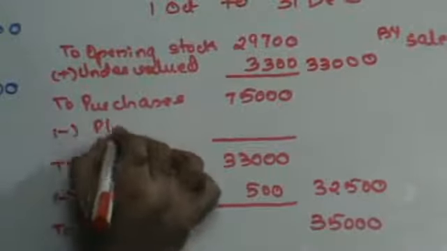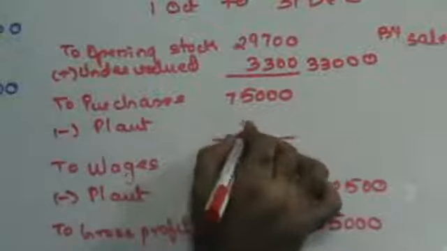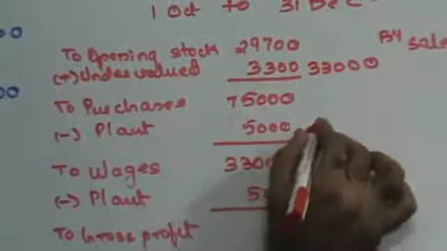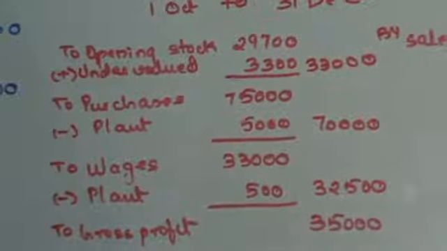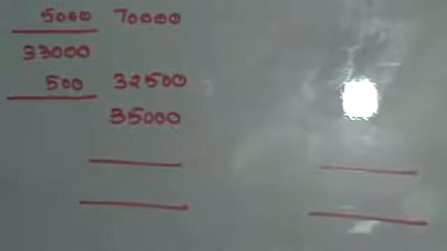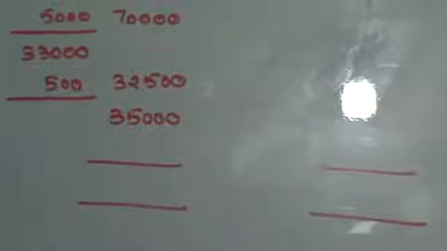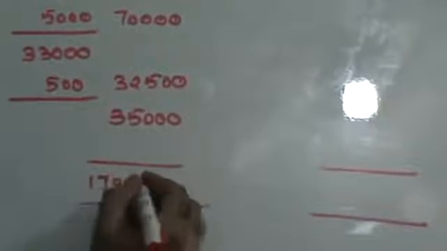Less from purchase, plant 5,000. So this will come to 70,000. Right? Let's tally this, people. This is going to be 33,000 plus 70,000 plus 32,500 plus 35,000 is 1,70,500.